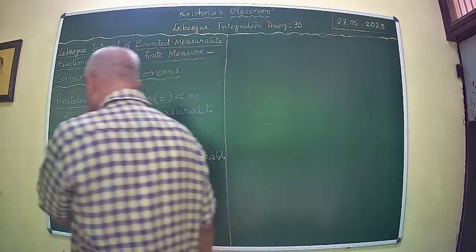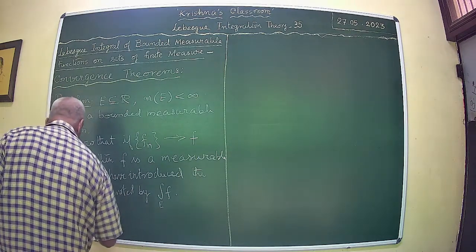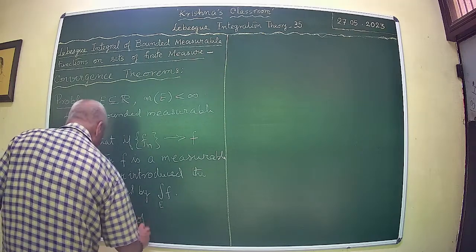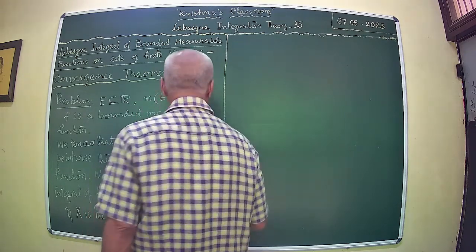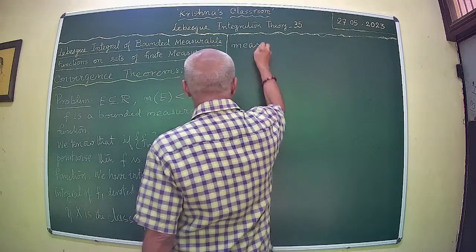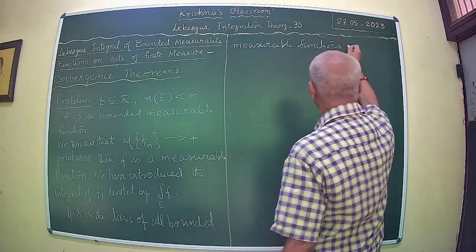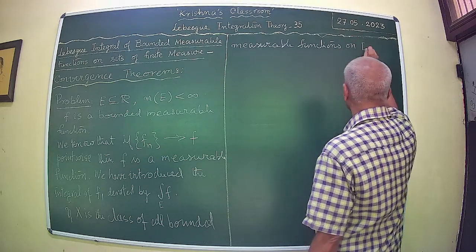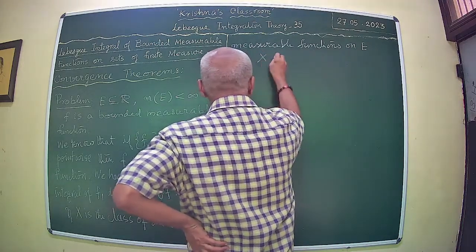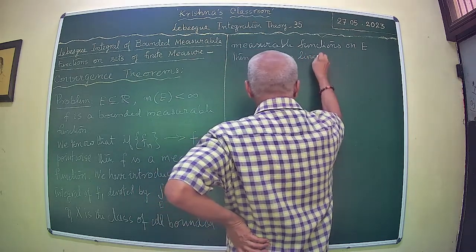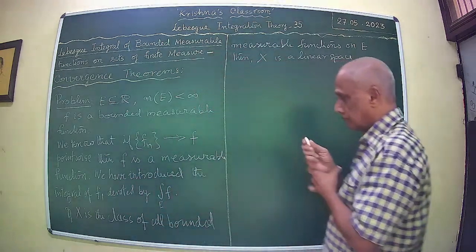And then we have found that if X is the class of all bounded measurable functions on E, then X is a linear space. That's what we have proved.